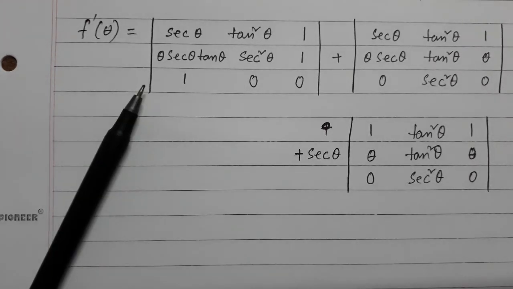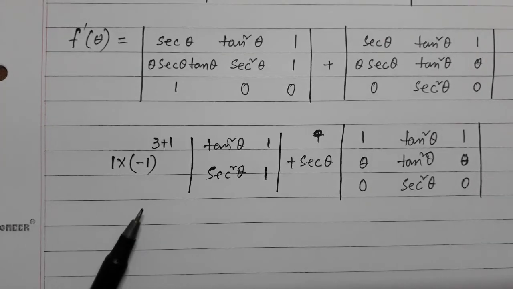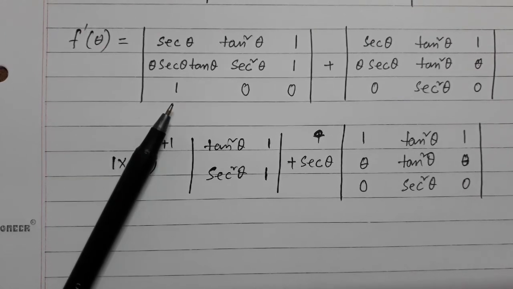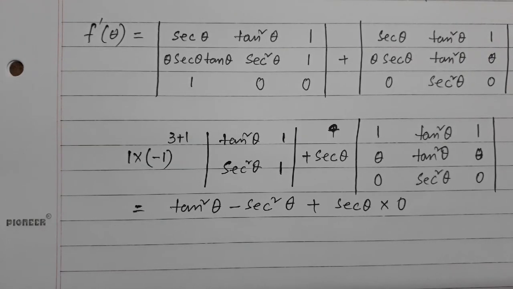And after reducing this determinant we can write 1 into minus 1 whole to the power 3 plus 1 into the determinant of tan square theta, 1; secant square theta, 1, which is the cofactor of this one. Which equals tan square theta minus secant square theta plus sec theta into 0.